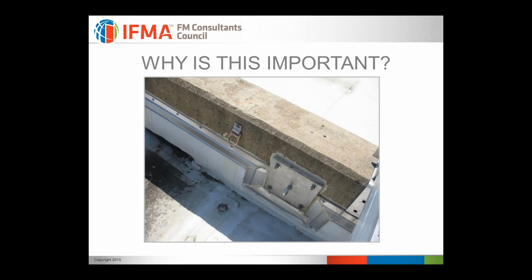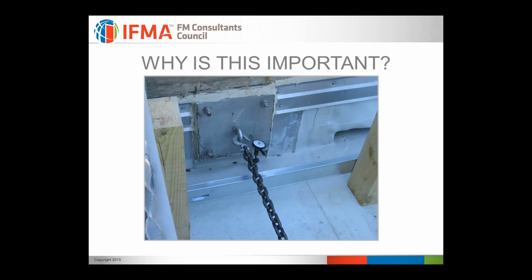However, since we didn't know about the installation of the adhesive anchors, we thought, well, let's validate things by doing some load testing. And so what you see here now is a setup that we had on the roof of this building to do some pull tests on these anchors just to validate that everything was fine, and nobody really had any reason to suspect anything different.